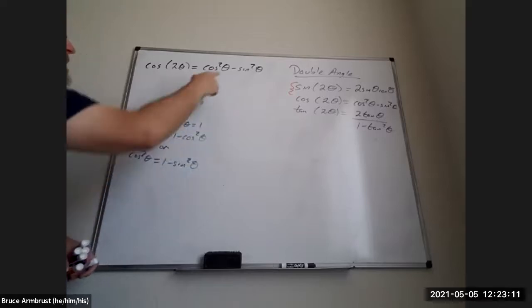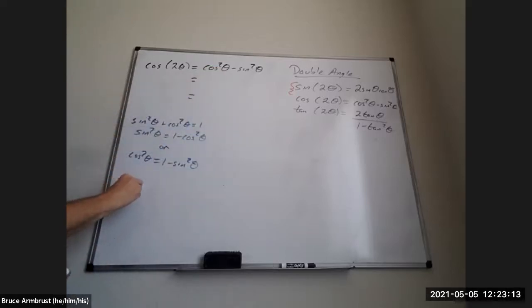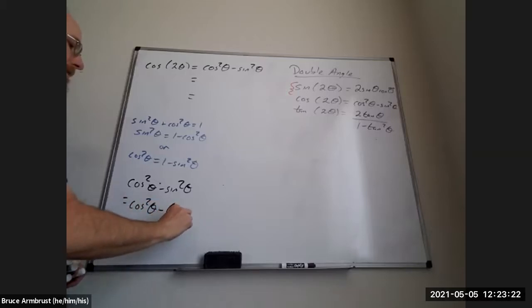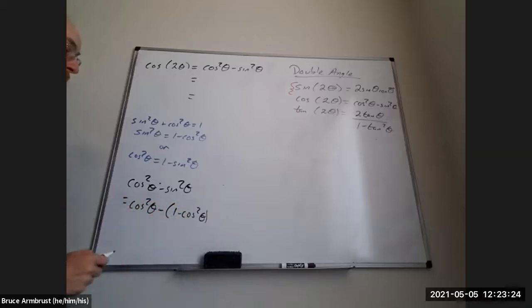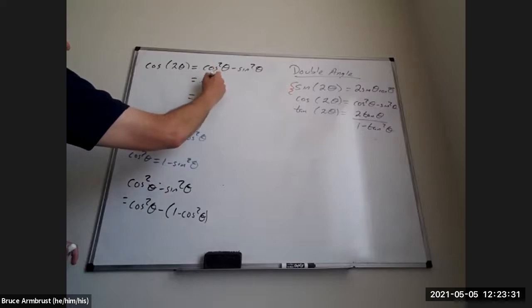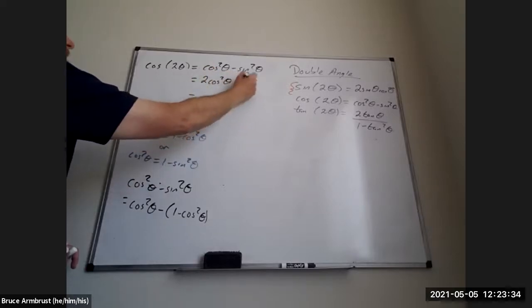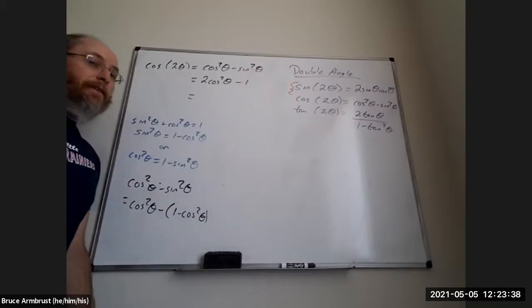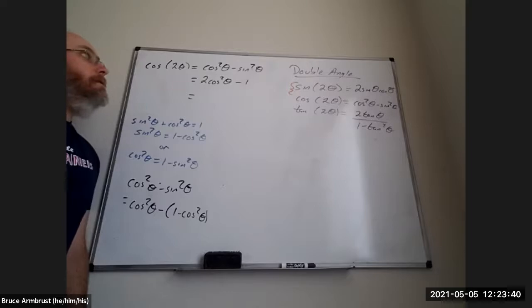So if I take care of the sine squared, for example, I can write cosine squared minus sine squared as cosine squared minus 1 minus cosine squared. And if I distribute the minus sign and group them together, I get 2 cosine squared minus 1. So that's an alternative form for the double angle for cosine.